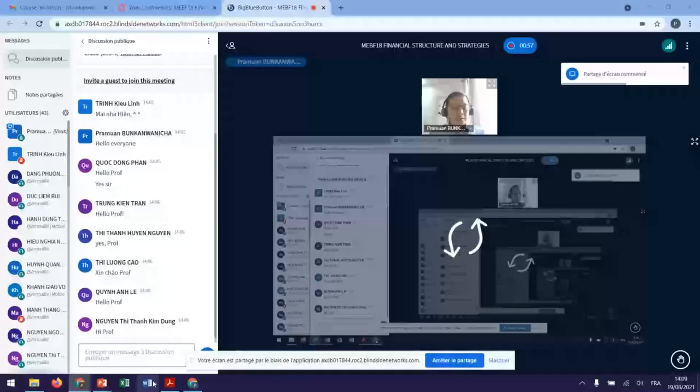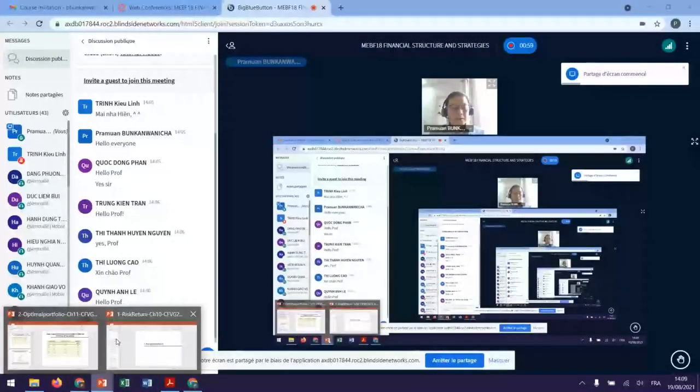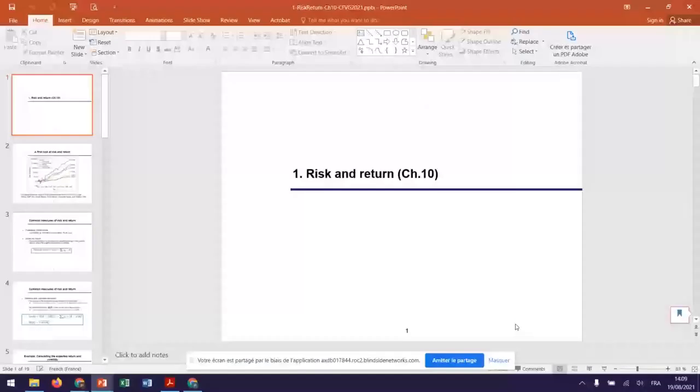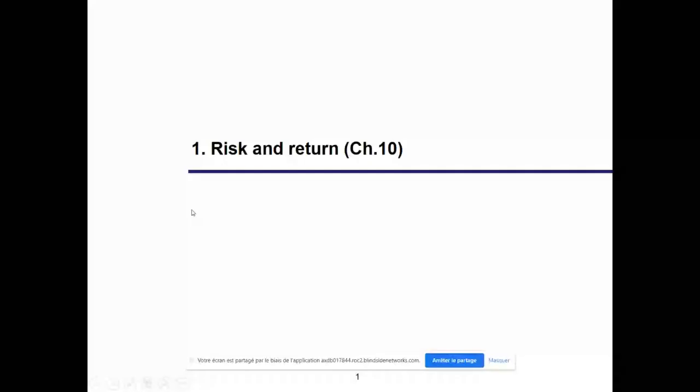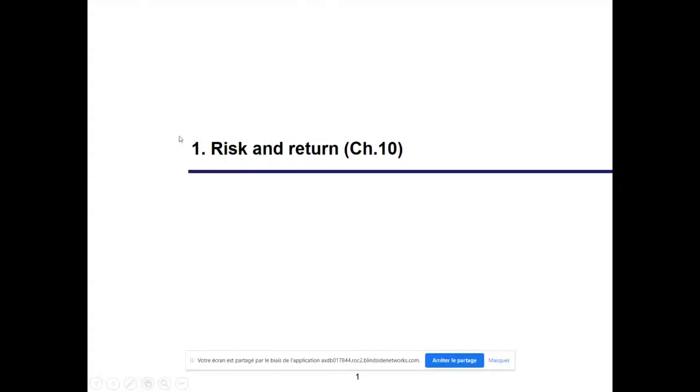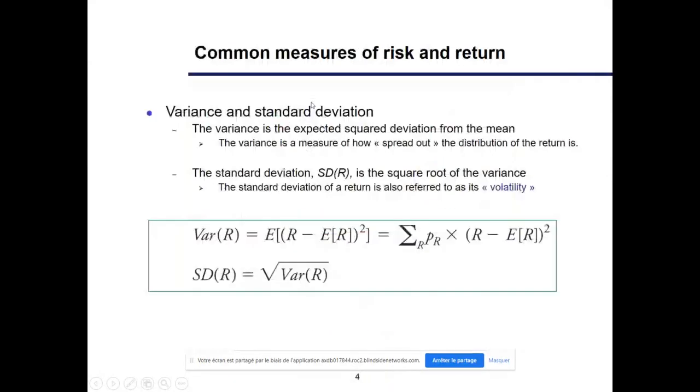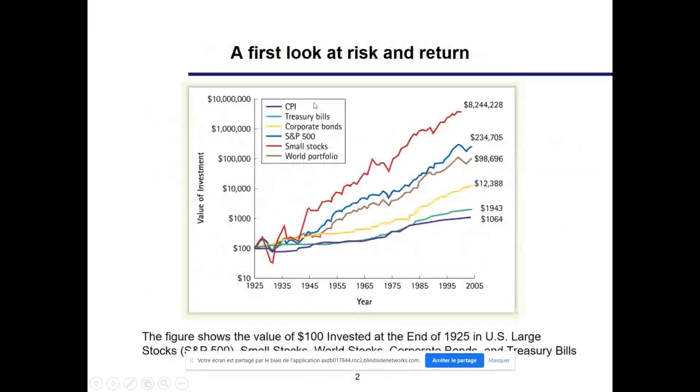Okay, let me share. Yesterday we introduced you to the concept of risk and return.